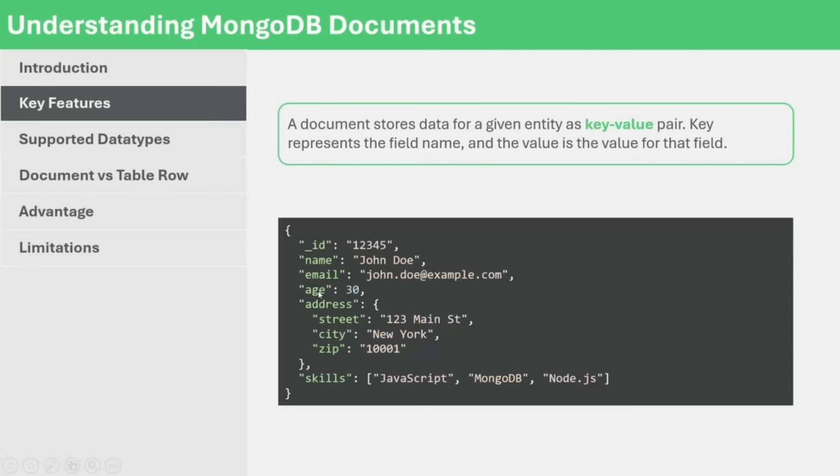The age of the student is 30 and this student has these three skills. So in this way, using a document, we represent the information about an entity. And for that, in the document, we use key value pairs. Key is basically the field which stores data and the value comes after this colon. So the value is the actual value for that key.